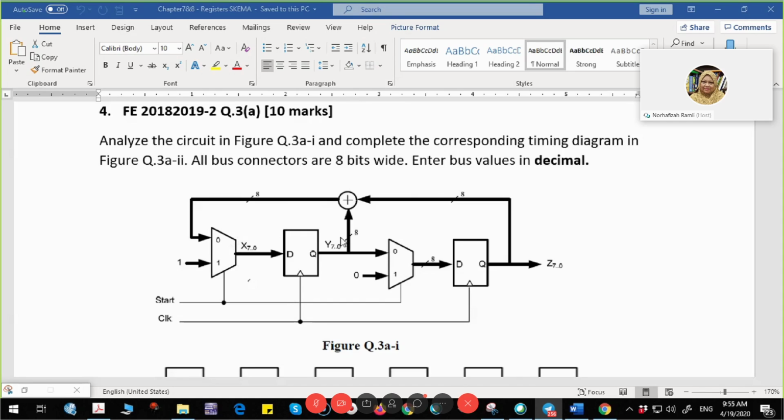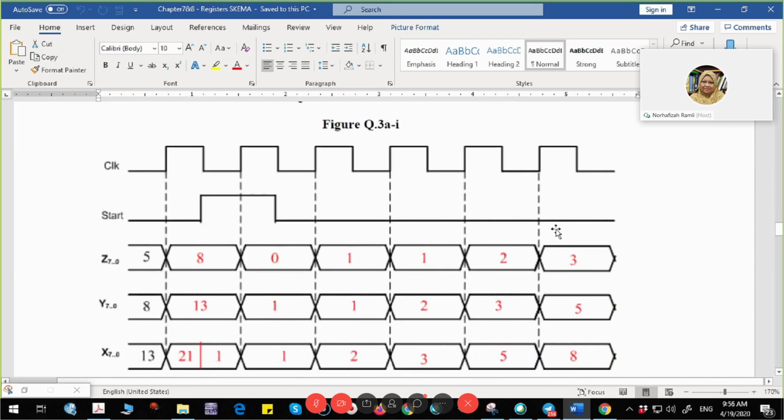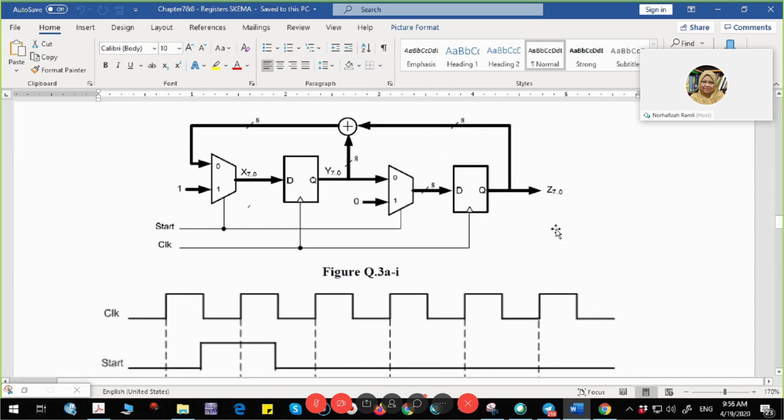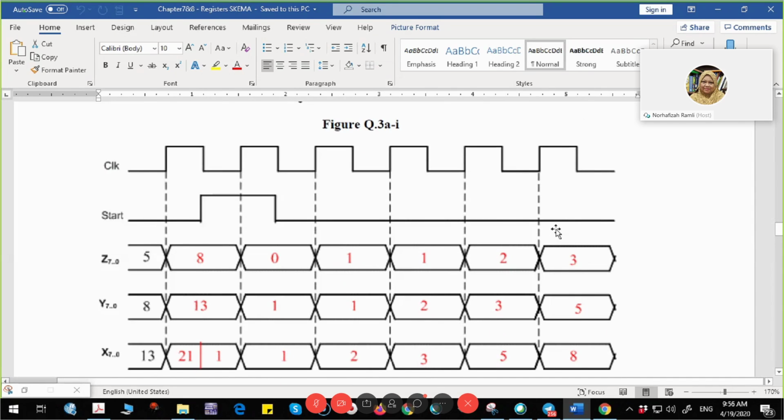You want to add. What do you add? You add from Y with Z, and then you feed back. So which comes first? This is the issue, the timing. So I think you have to explore the timing yourself.